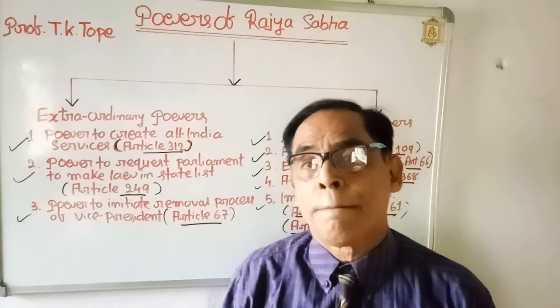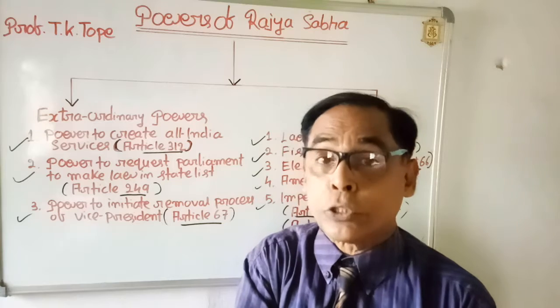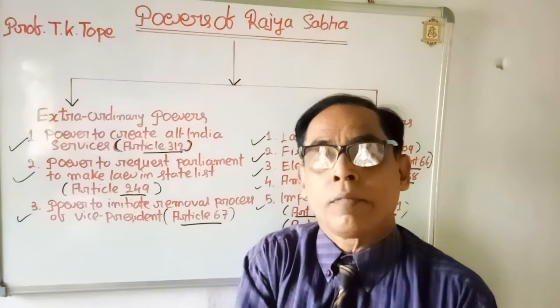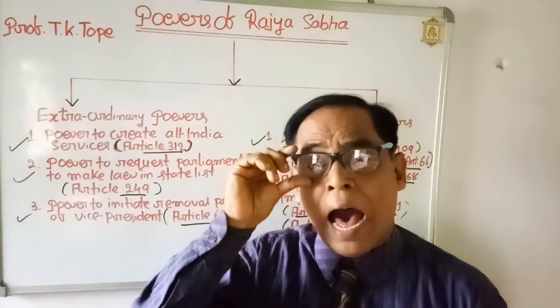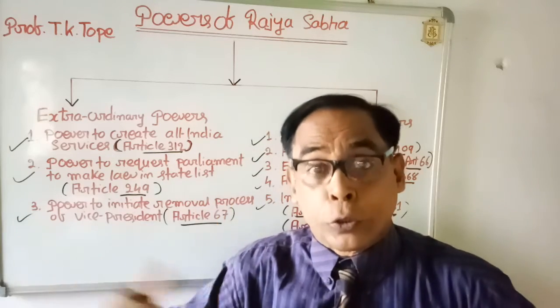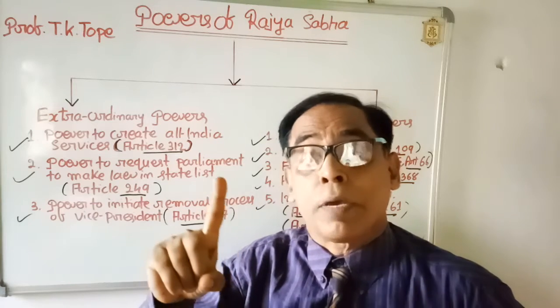Rajya Sabha is a very important house of the Indian Constitution. Though many scholars have described Rajya Sabha as the superfluous institution or powerless institution, yet it has some importance.